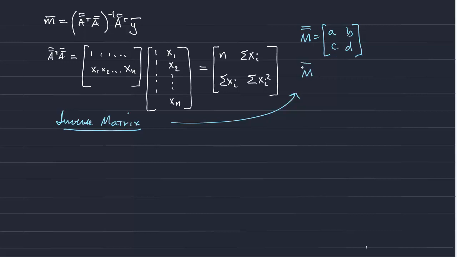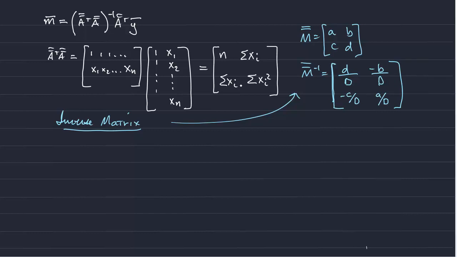M inverse is equal to d, the opposite diagonal in the first component, over the determinant D. We have minus b over the determinant in the next component, minus c over the determinant, and then a over the determinant. And that's the inverse of matrix M.